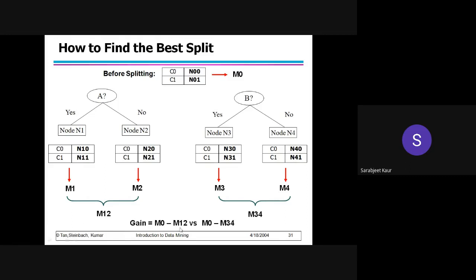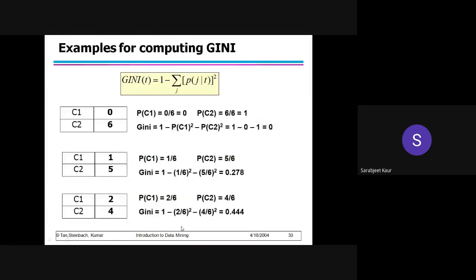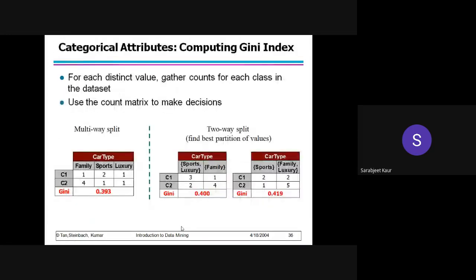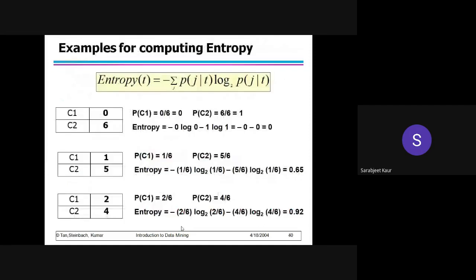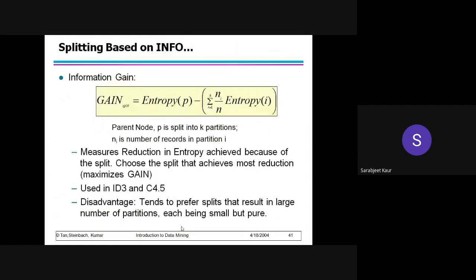And even the formula for computing the entropy metric for split, this is known as the metric for split. In the beginning, it is similar to the formula for entropy, but there is a little difference here.